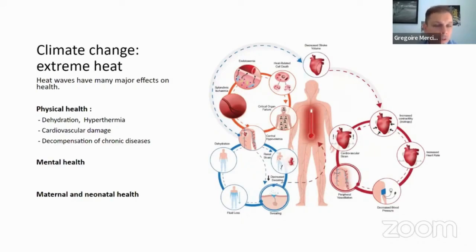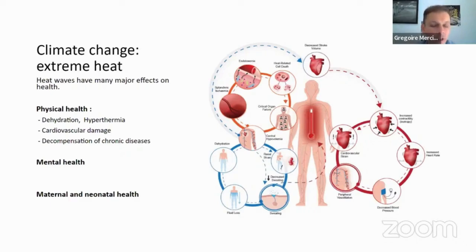So as you know, one of the consequences of climate change is an increased prevalence and also an increased duration of heat waves. So that's the topic of extreme heat. And so there is now a scientific consensus about the effects of heat waves on health.